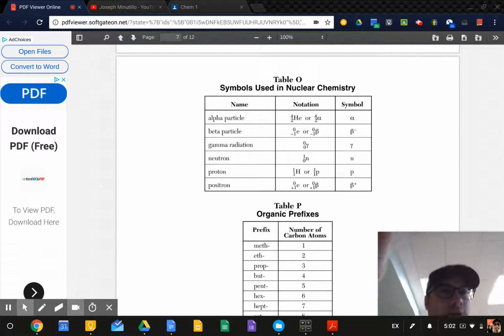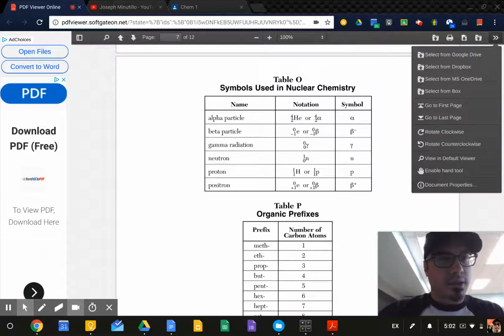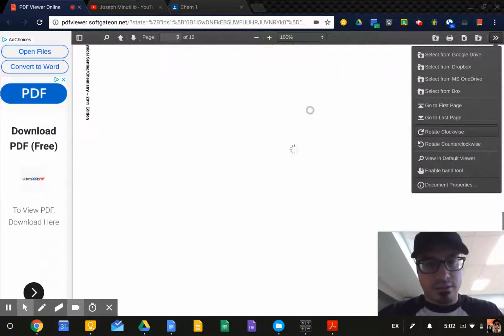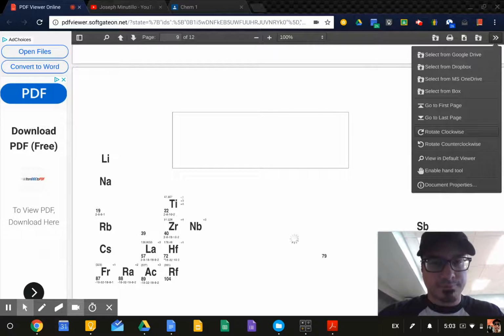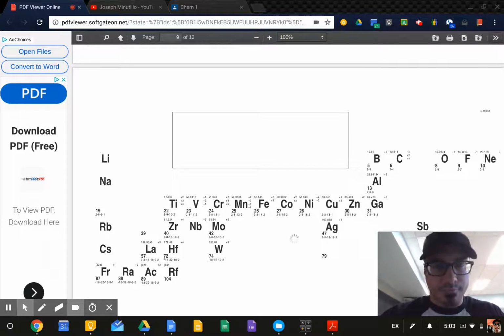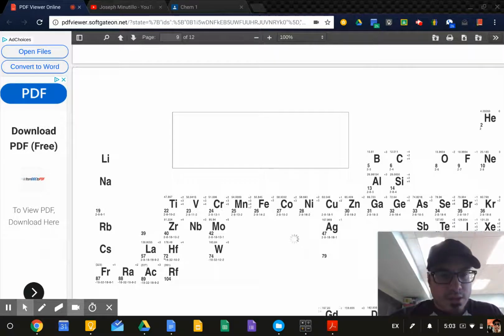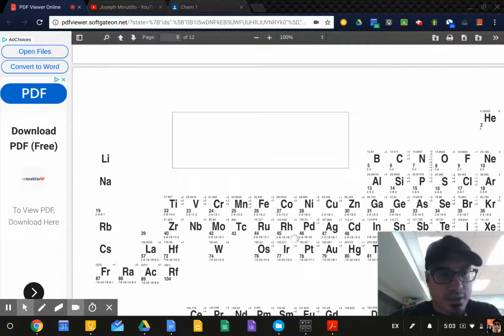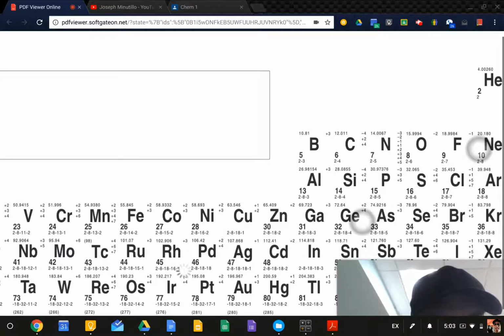So first, we do need the periodic table of elements because antimony and sulfur are elements. So first, let me go to the periodic table. Okay. So first, let's check sulfur. Let's see if I can zoom in there.